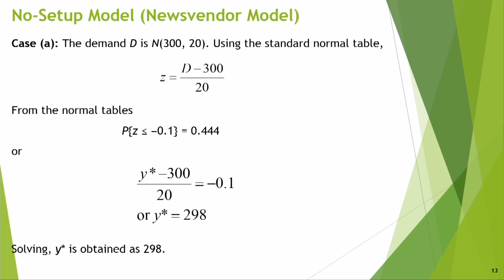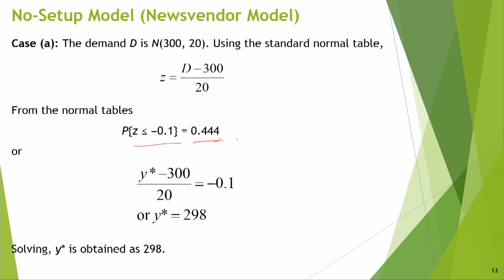Now, consider different cases. The demand D is normally distributed, with mean 300 and standard deviation 20. So, using the standard normal table, Z is equal to (D minus 300) by 20. From the normal table, P(Z smaller than this value) is equal to 0.44, where D is demand.